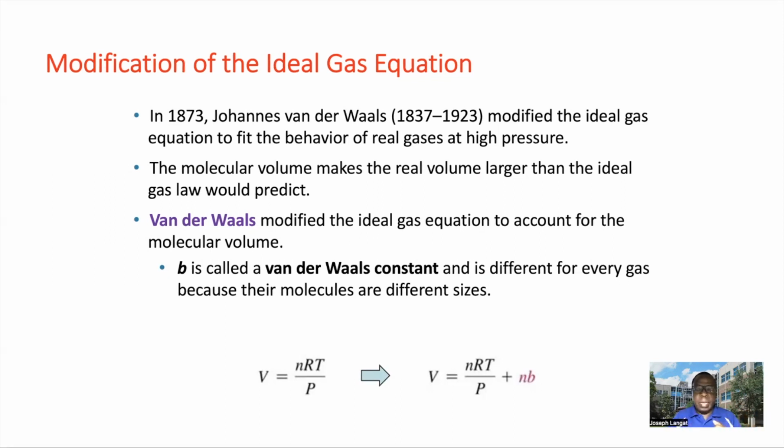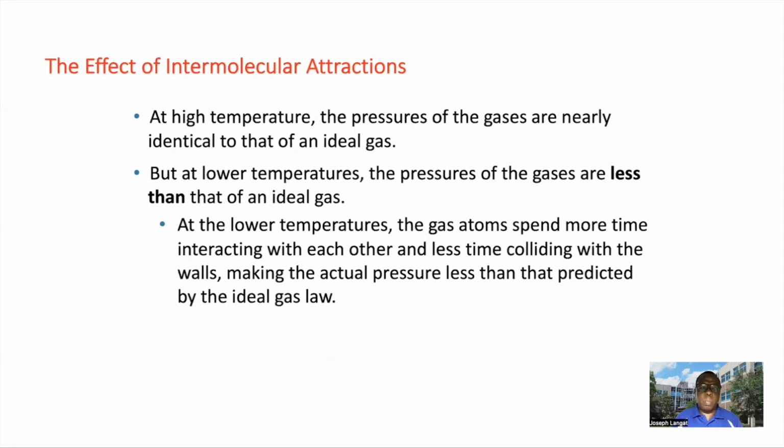Say hydrogen gas, nitrogen gas, oxygen gas, they vary from gas to gas, and you will be given that. So remember, this equation is for volume correction, taking into account the actual volume occupied by gases.